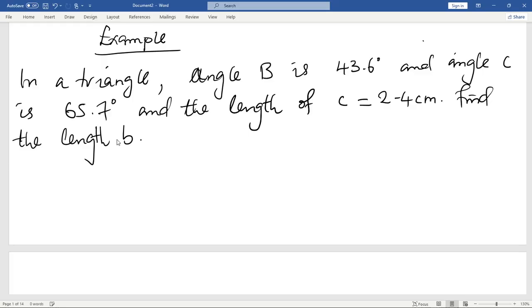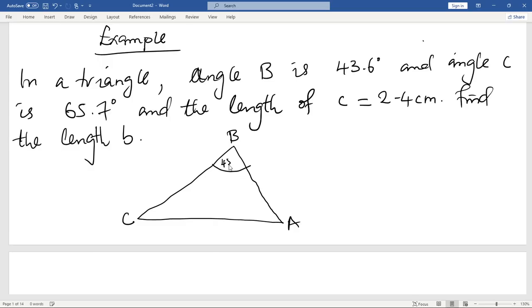Okay, so if this is the triangle that we have here, let's say this is A, this is B, and this is C. Then we're told the angle B is 43.6 degrees, and the angle C is 65.7 degrees.